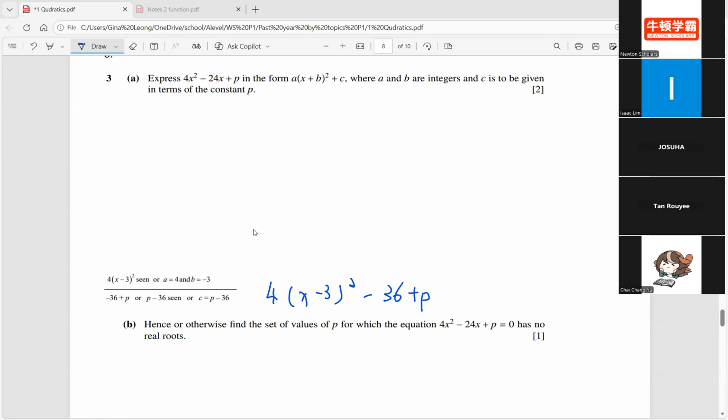If you finish the question 8, right, you can move on to question 9. Okay, you can try to do it first.